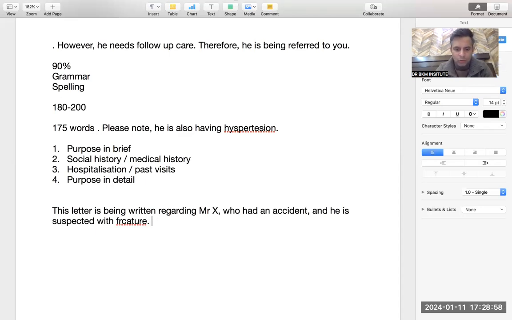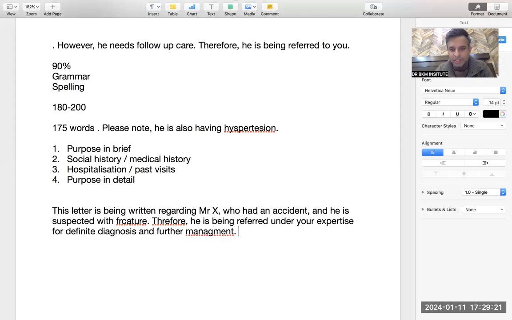Now you are sending to an orthopedician, so obviously you want to confirm the fracture. Therefore, he is being referred under your expertise for definitive diagnosis and further management. Definitive diagnosis means that we are not sure, and further management.